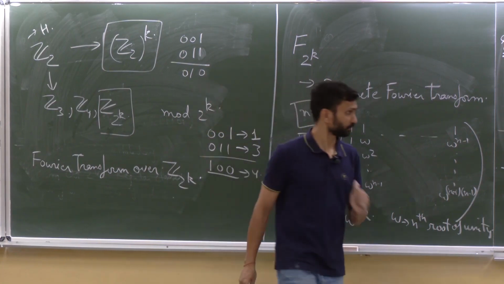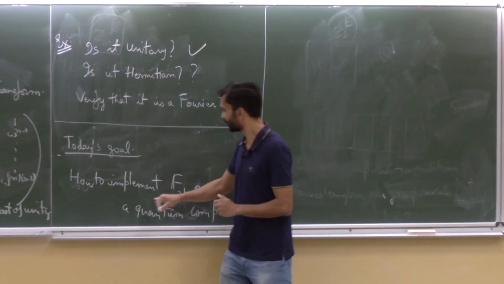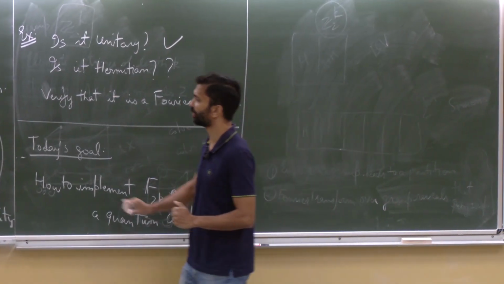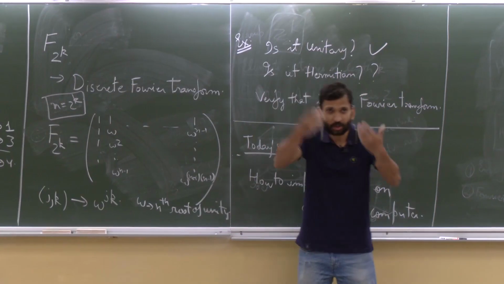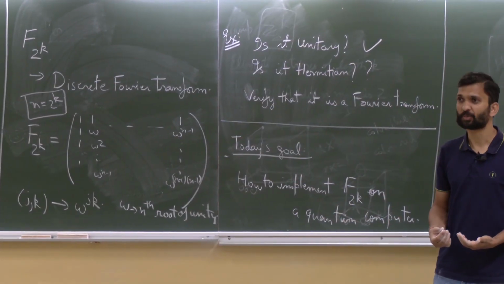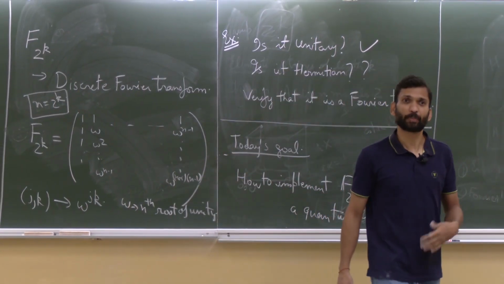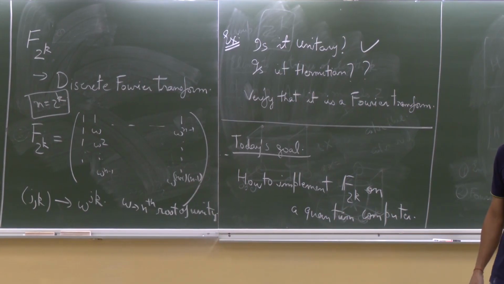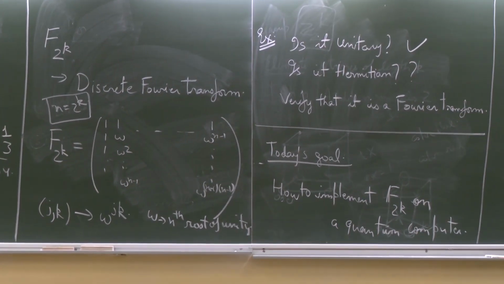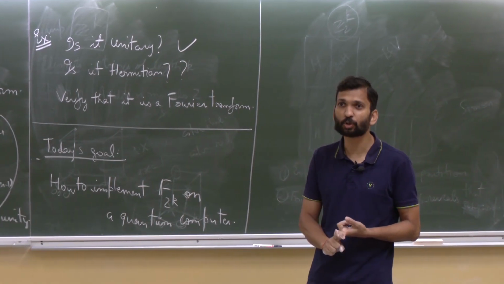Okay, so then our goal is to do this matrix F to the power k. We want to apply this on our state on a quantum computer. We want to create a quantum circuit such that this unitary operator is applied. Right? What do we have? We have Hadamard, we have CNOT, we have 1 qubit gates, we have controlled 1 qubit gates.